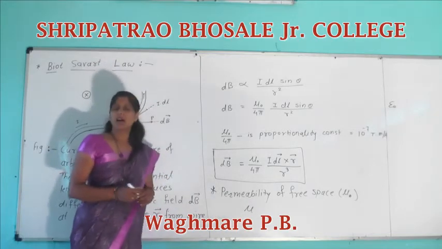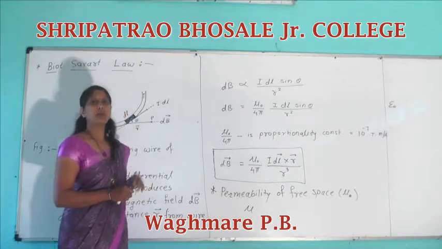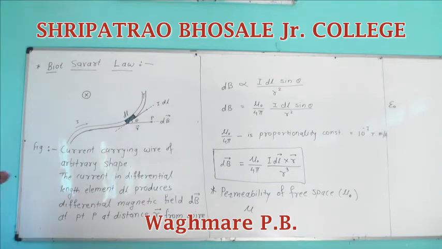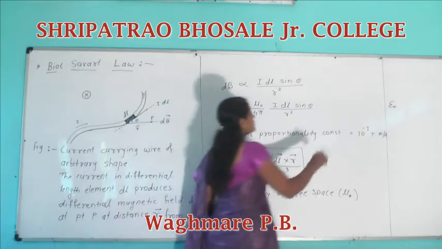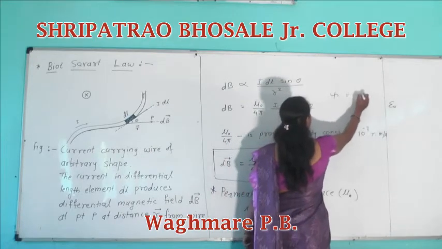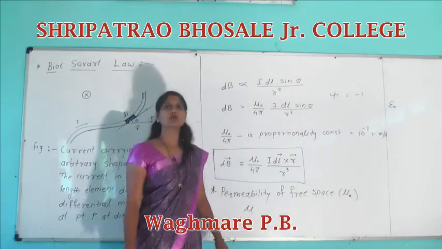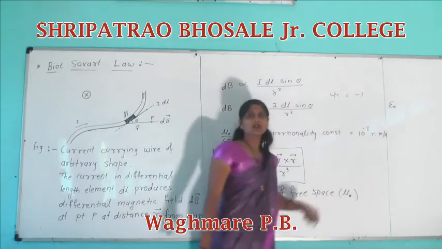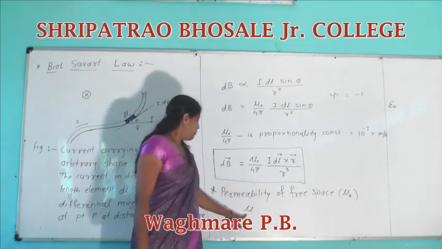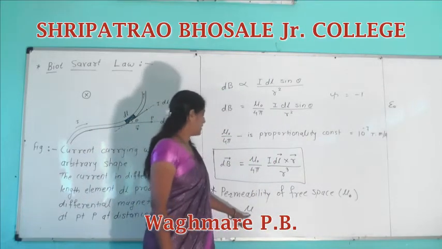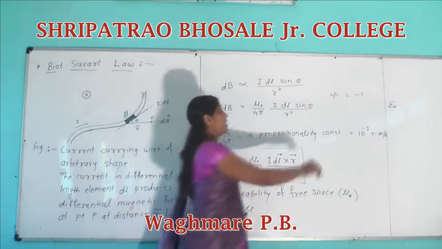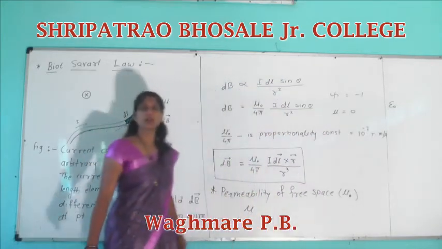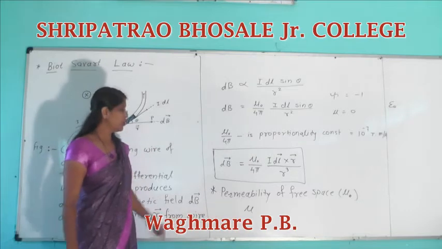If we consider superconductors, the susceptibility is -1. That is, the permeability of a superconductor will be equal to 0.